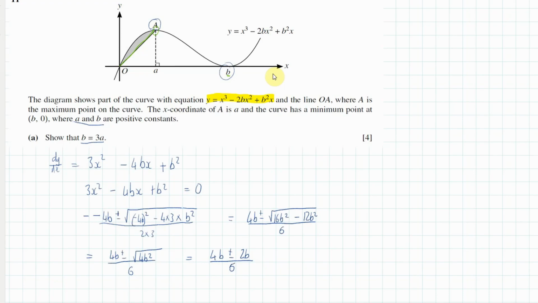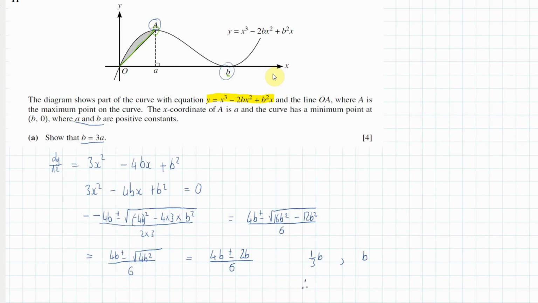So this will give me the x coordinates of the two turning points. Now, the smaller turning point is turning point A, which would be 4b minus 2b, so that would be 1/3 b. And the other turning point is going to occur when we've got 6b over 6, which is b.